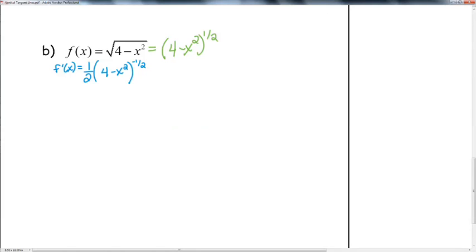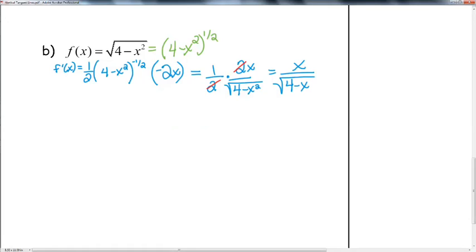And I'm going to take the derivative of my chocolate; the derivative of 4 minus x squared is equal to negative 2x. If I rewrite this, it's equal to 1/2 times negative 2x over the square root of 4 minus x squared. And I think you can notice that I can cancel these 2's. So this is equal to negative x over the square root of 4 minus x squared.